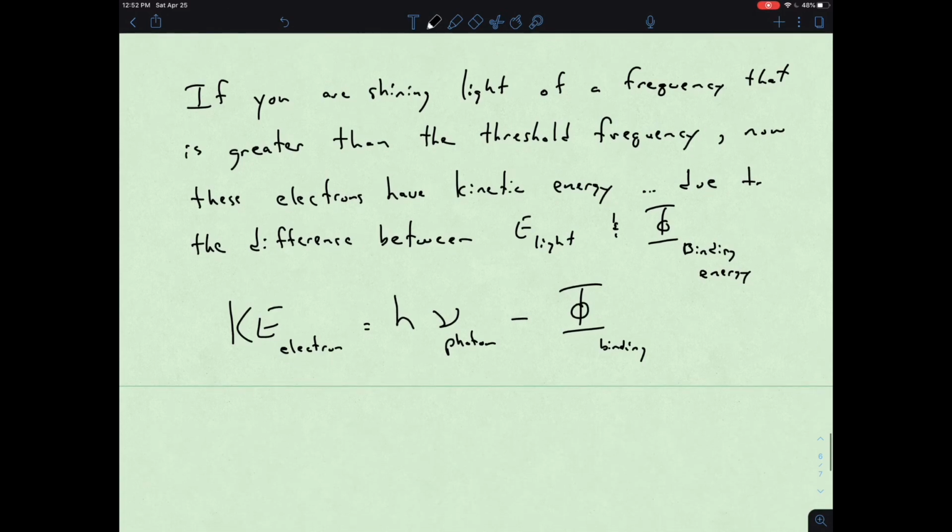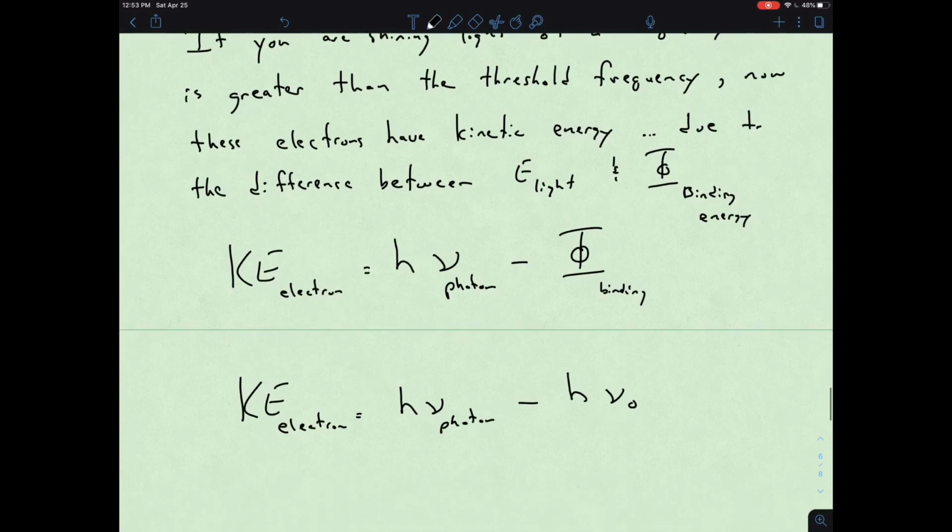Or one step further, where we're just looking at a difference in the energies as a result of the threshold frequency and the frequency of the photon that we're supplying.